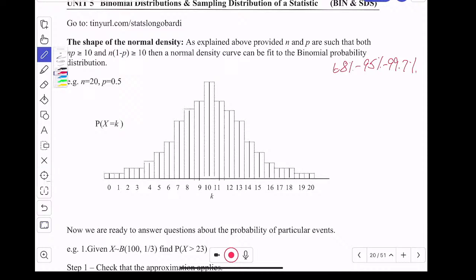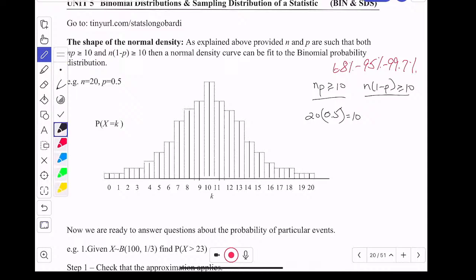So for n times p greater than or equal to 10, it's true because n is 20 and p is 0.5, and that's exactly 10. And what about n times 1 minus p?